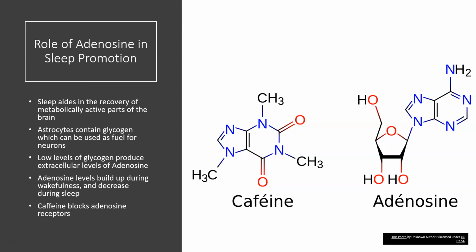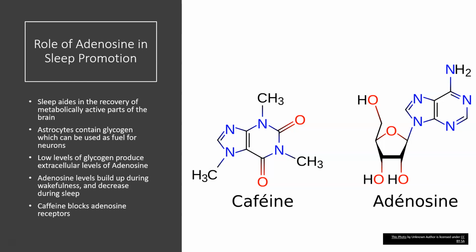The fact that we need to sleep when it might otherwise be advantageous not to sleep indicates that the need to sleep is caused by the buildup of something, and it turns out that the buildup is actually adenosine. This makes sense because adenosine is released by astrocytes around cells which are metabolically active.